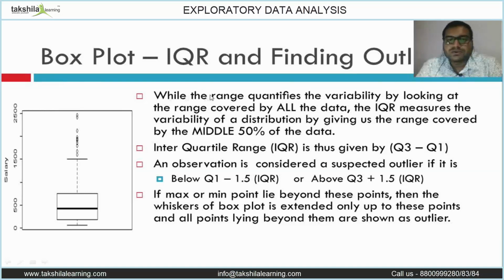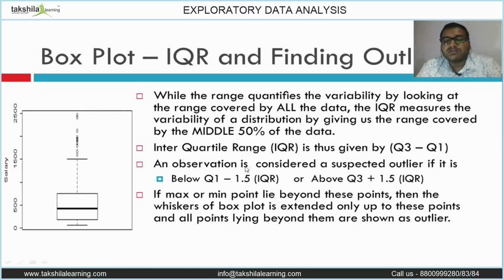So while the range quantifies the variability by looking at the range covered by all the data, the interquartile range measures the spread of the middle of the data. The interquartile range is calculated by Q3 minus Q1. And this Q3 minus Q1 gives the IQR, the interquartile range.